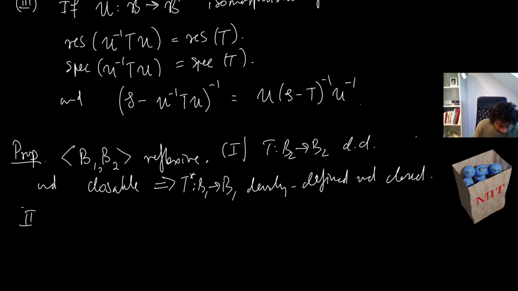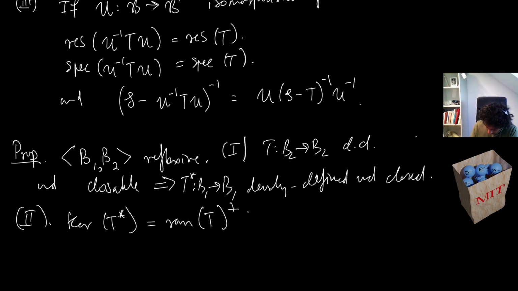The second thing is that the kernel of the adjoint is equal to the annihilator with respect to this pairing of the range, right? With respect to B1, B2.